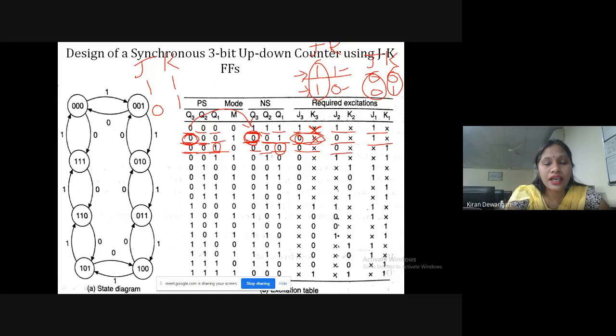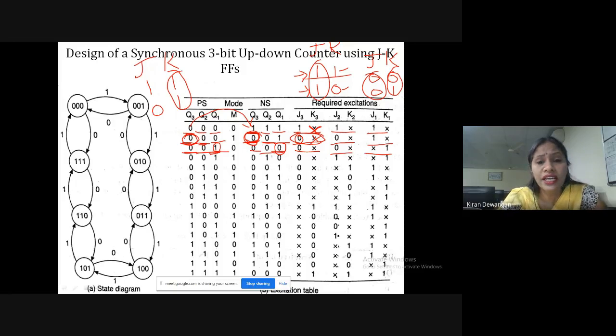Clear? Here Q1 is 1 and here Q1 is 0. So it may be the toggle state or a reset state. So here K is fixed 1, J is crossed. So we can see cross 1. Okay? So here we have got cross 1.